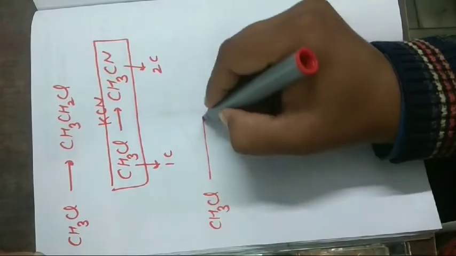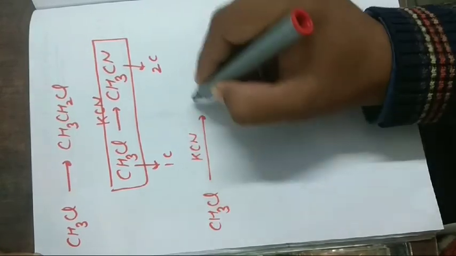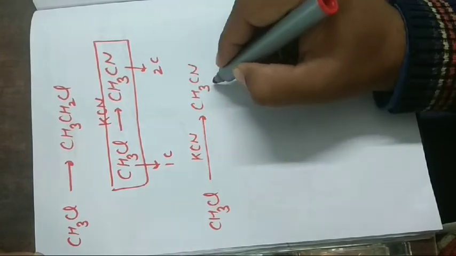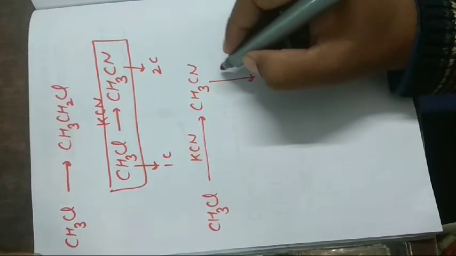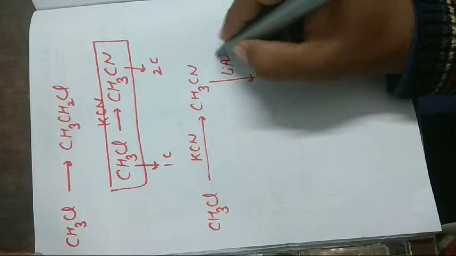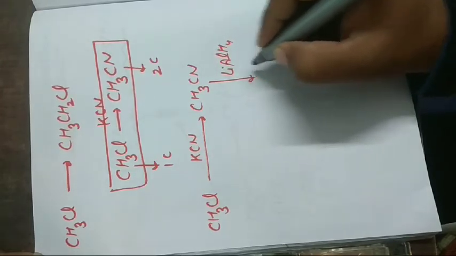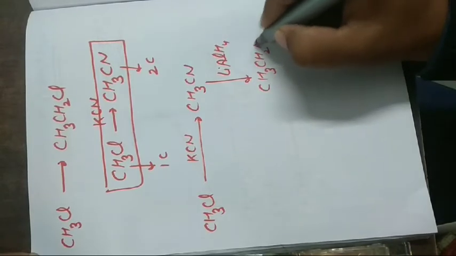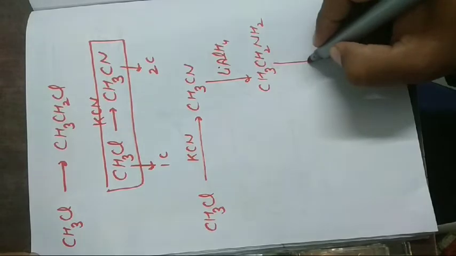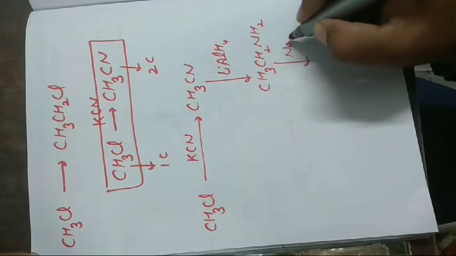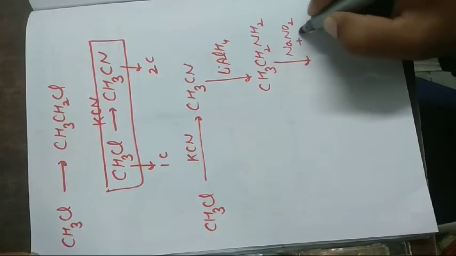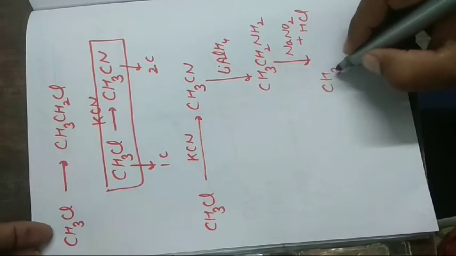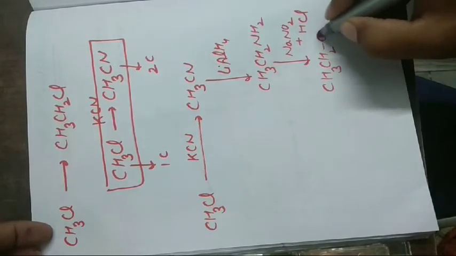CH3Cl first reacts with KCN, then it gets converted into CH3CN. Now if we reduce it by reacting with LiAlH4, lithium aluminum hydride, we will get CH3CH2NH2. If we react it with NaNO2 plus HCl, means nitrous acid, then we will get CH3CH2OH.